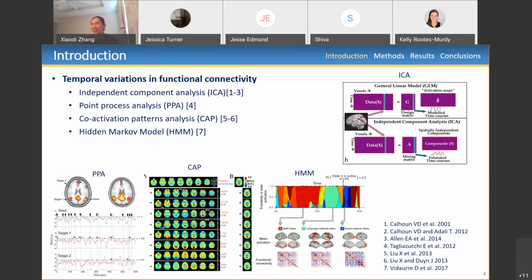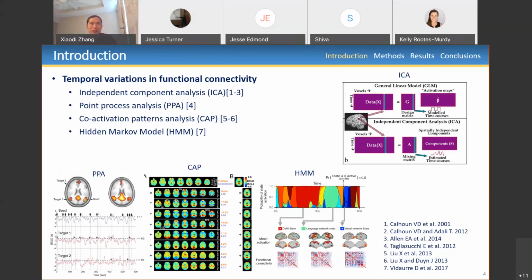Basically, many of these methods, like point process analysis, select a few fMRI frames that have relatively high amplitude, higher than a predefined threshold, which is similar to the concept in co-activation patterns.